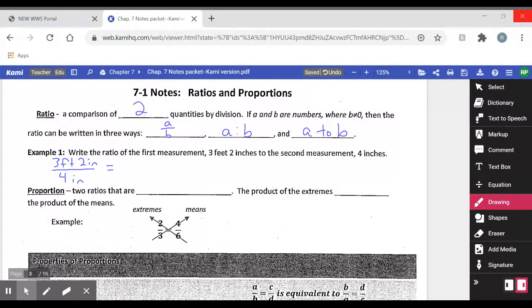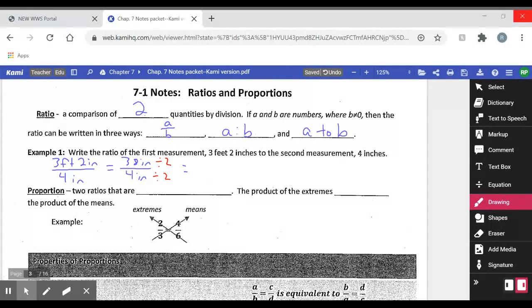If you think about it, 12 inches are in a foot. So 3 feet is 36 inches plus the 2 extra inches makes 38 inches over the 4 inches. Now that they're in the same units, I can actually reduce that. I can divide 2 into both of those, just reducing down the fraction.